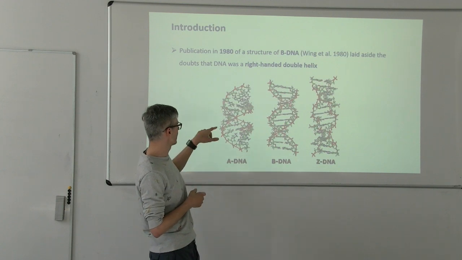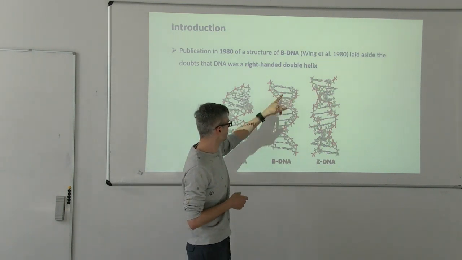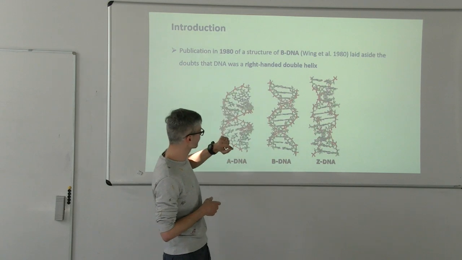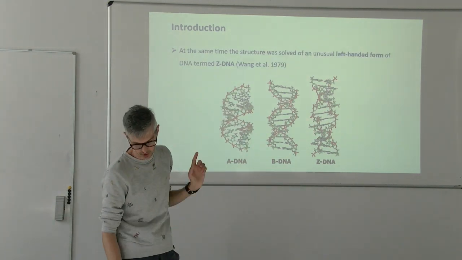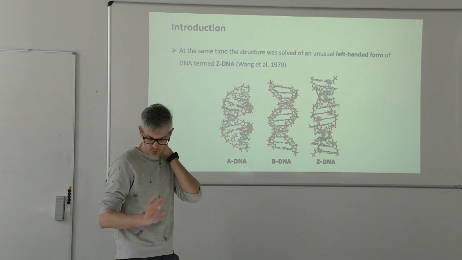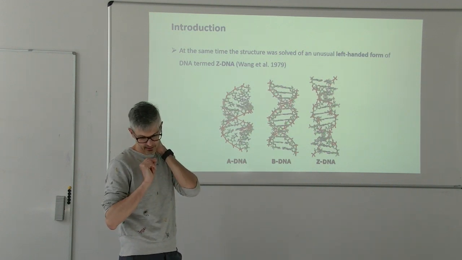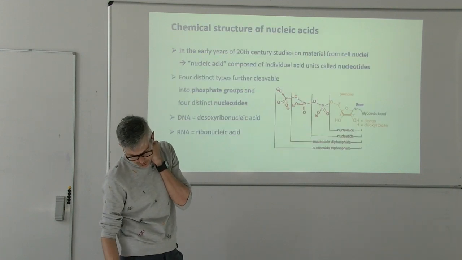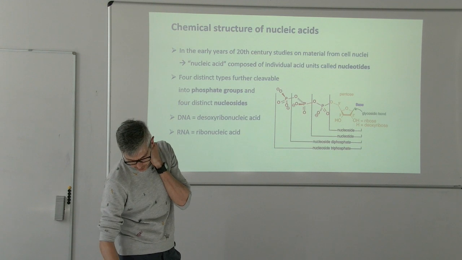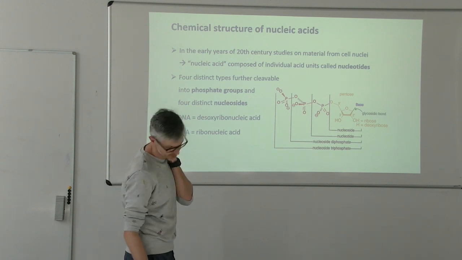What is different is, for example, the grooves, and the way they turn and are composed are a bit different, and this is also discussed here. So again, we have here the right-handed form, and then the Z-DNA is actually left-handed. And this is how it all looks.